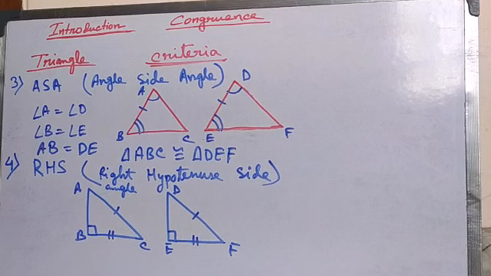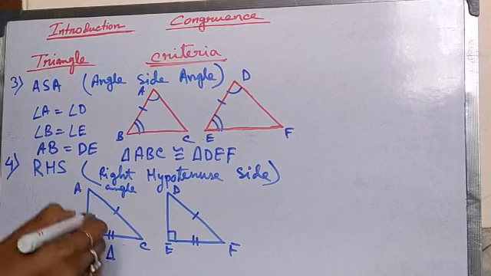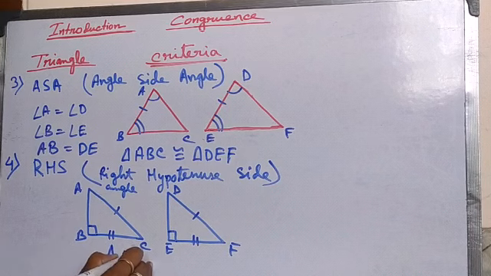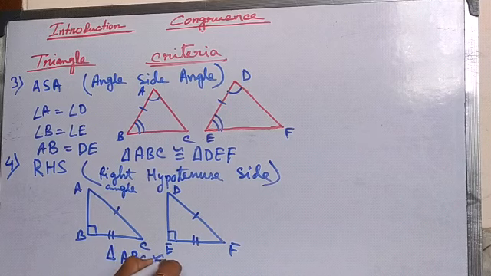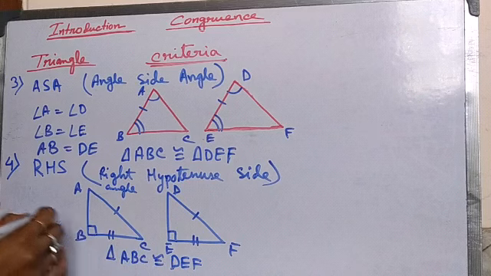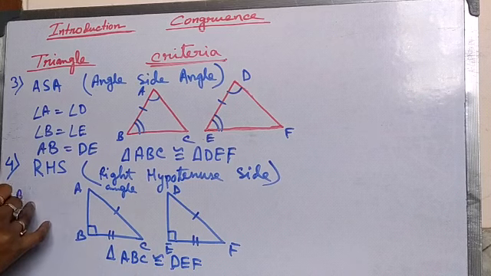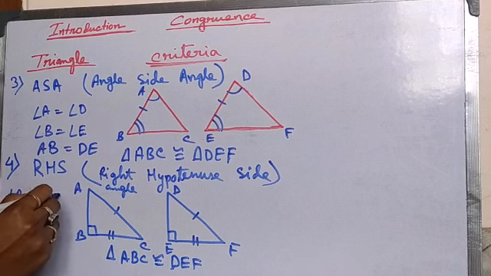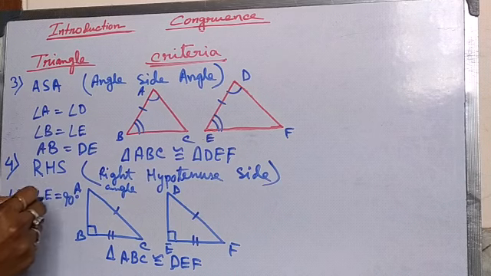If this is equal, then we can say both triangles are congruent by the RHS rule. Triangle ABC is congruent to triangle DEF, because angle B equal to angle E equal to 90 degrees.